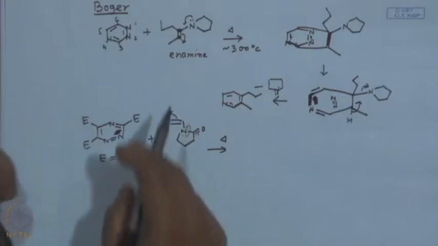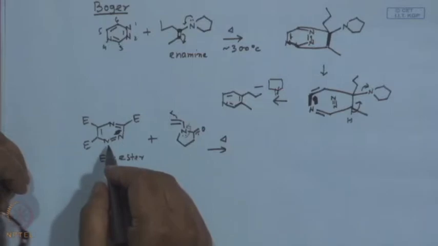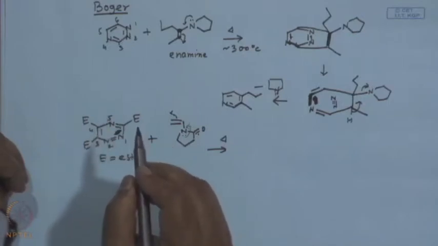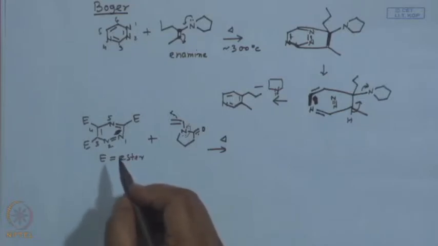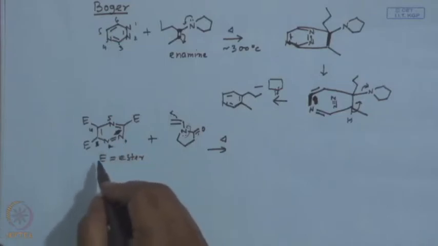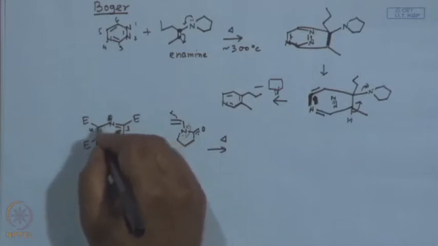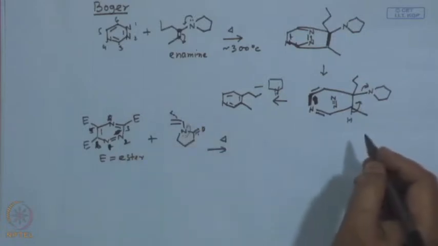Okay. Now, which are the numbers? 1 and 2, 3, 4, 5, right? Numbering is wrong, right? This way: 1, 2, 3, 4, 5, and 6. Okay. So, this beta carbon should attack one of these carbons.